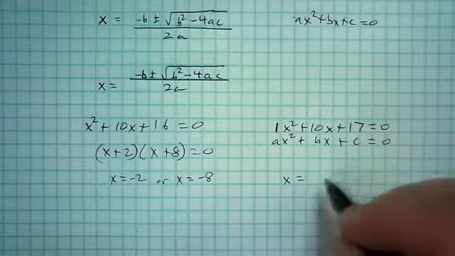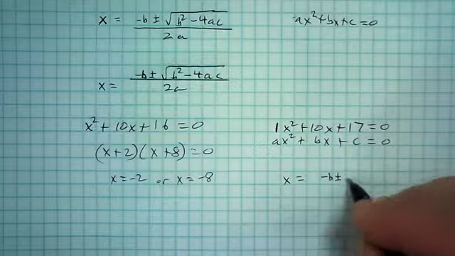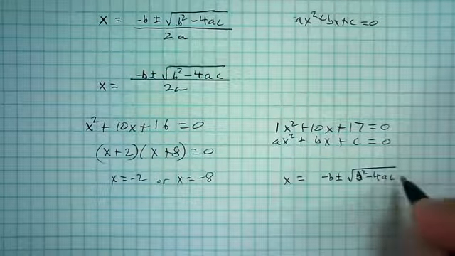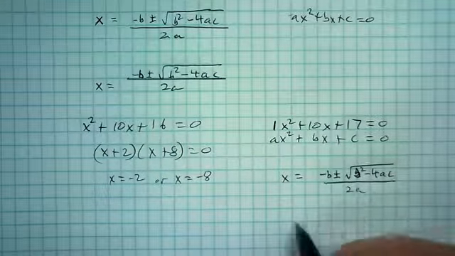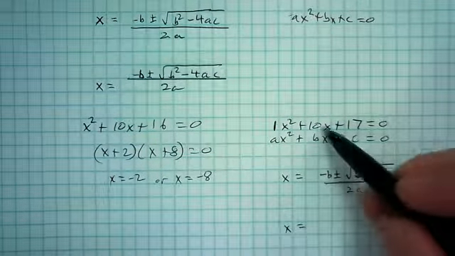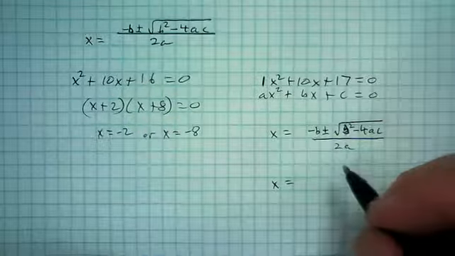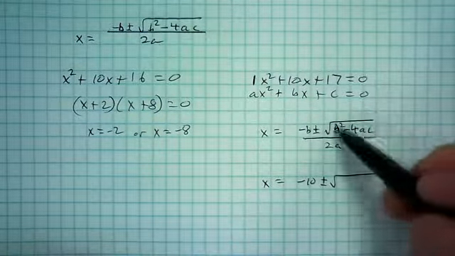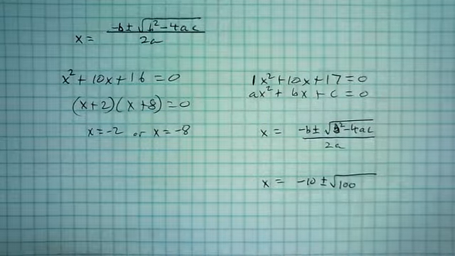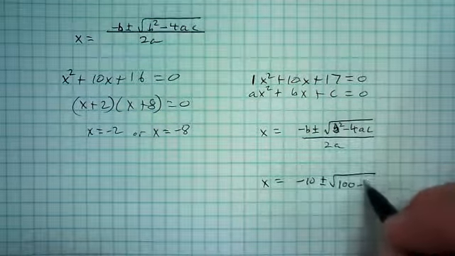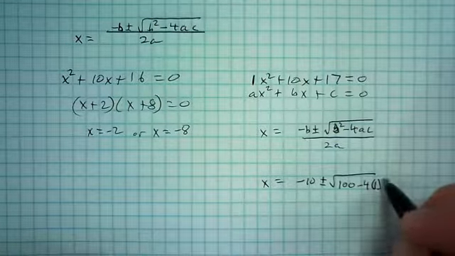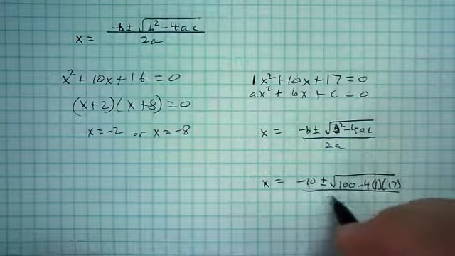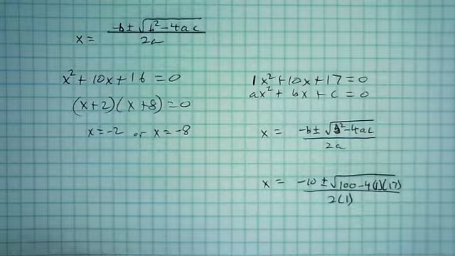So x equals the opposite of b plus or minus the square root of b squared minus 4ac all over 2a means that x is the opposite of b. 10 is b, so the opposite of b is negative 10, plus or minus the square root, b squared will be 100, minus 4 times a is 1, and c is 17, all over 2, again a is 1.